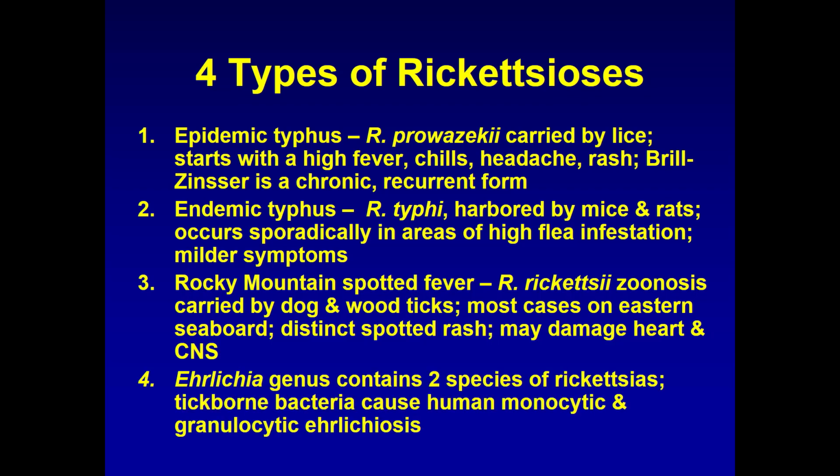And Ehrlichia is going to contain two different species of Rickettsias, both tick-borne, that cause monocytic and granulocytic ehrlichioses. So all you really need to know about Ehrlichia is that it's the other kind of Rickettsia, and if you had a disease with Ehrlichia, it would be called ehrlichiosis.